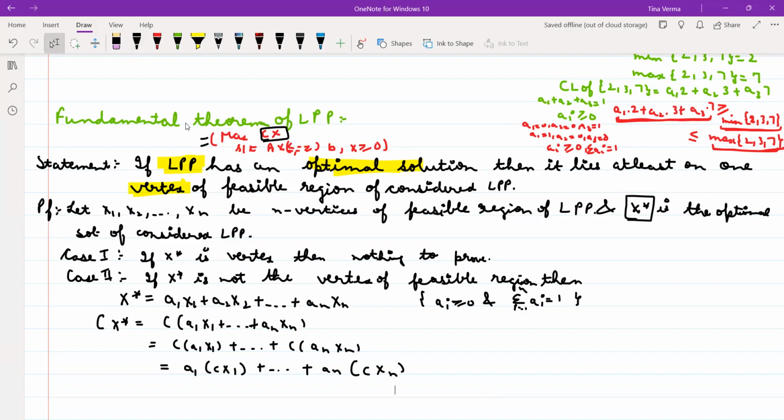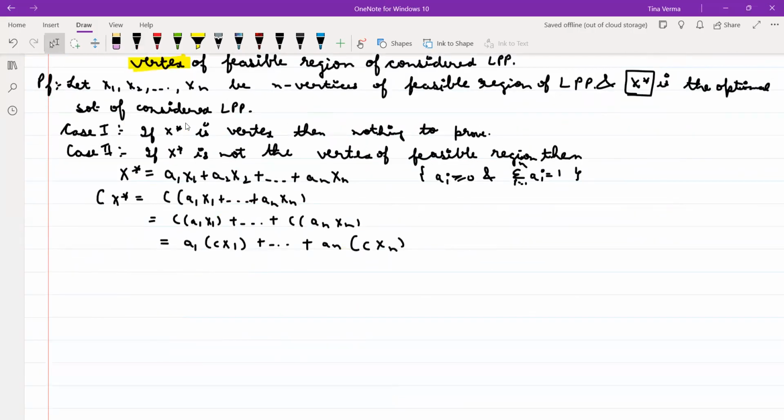Now you can notice over here how you write the CLC: x1, x2, xn. Now whose CLC is this? Now this a1, a2, an again has ai's greater than or equal to 0 and the ai's sum is 1. So this is nothing but the CLC of the points cx1, cx2 and cxn.